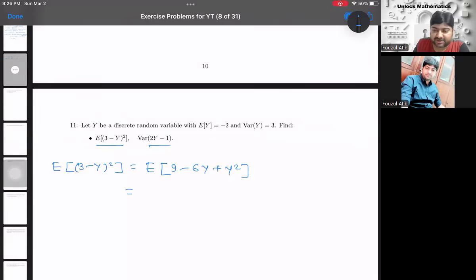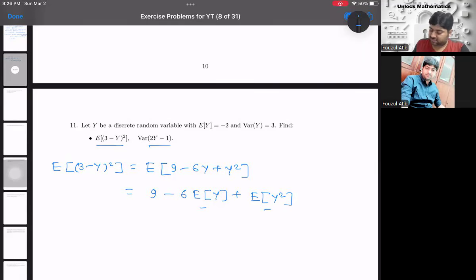And according to the expectation formula, this is 9 minus 6 into the expectation of Y plus the expectation of Y square. Now we have the first value, but we do not have this one. So we have to calculate the expectation of Y square. How to calculate? We have to get it from the variance formula.